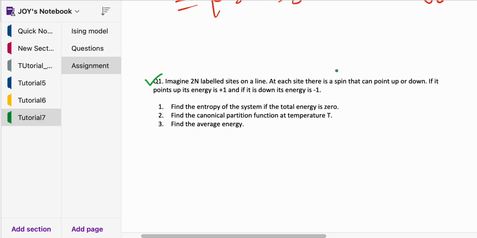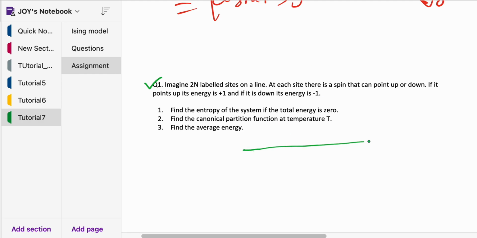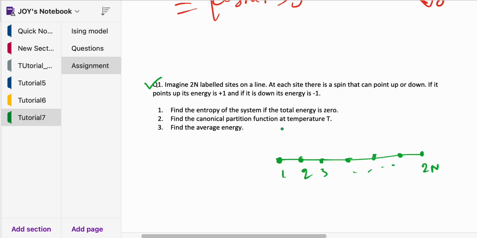Right? That means there are 2n number of sites: 1, 2, 3, ... 2n sites, and the spin can take up value or down value, any one.